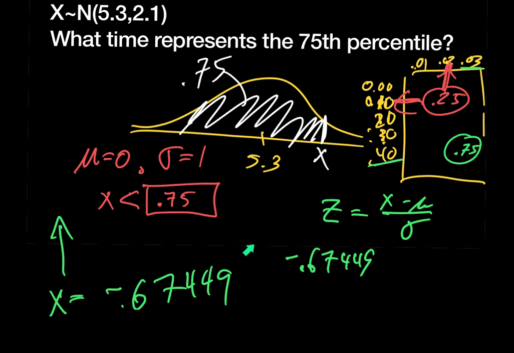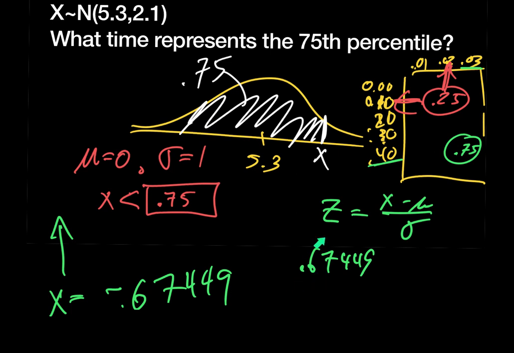I started working through this and immediately I recognized I did something wrong, because this should not be negative. It should not be negative because I'm not left of the mean. So while this might be the number that my computer spits out, I need to be smarter than my computer to recognize I need this to be a positive value.